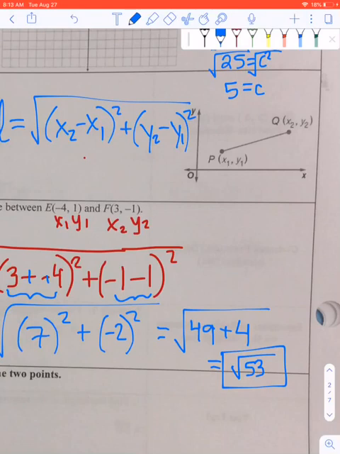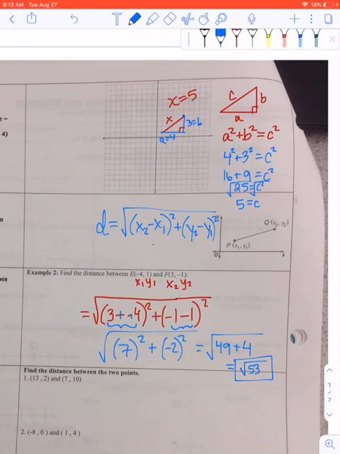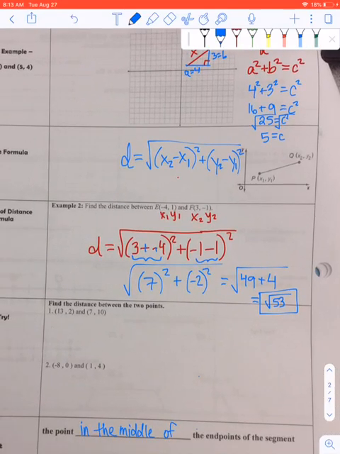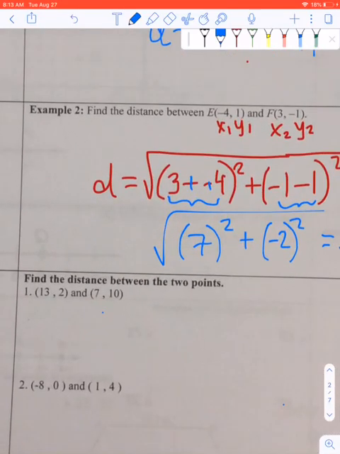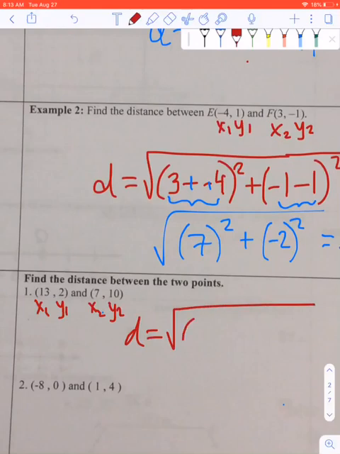Okay, we're going to do one more example. For the next one, let's start by labeling our ordered pairs, x1, y1, x2, y2. I'm going to plug into my distance formula, square root.